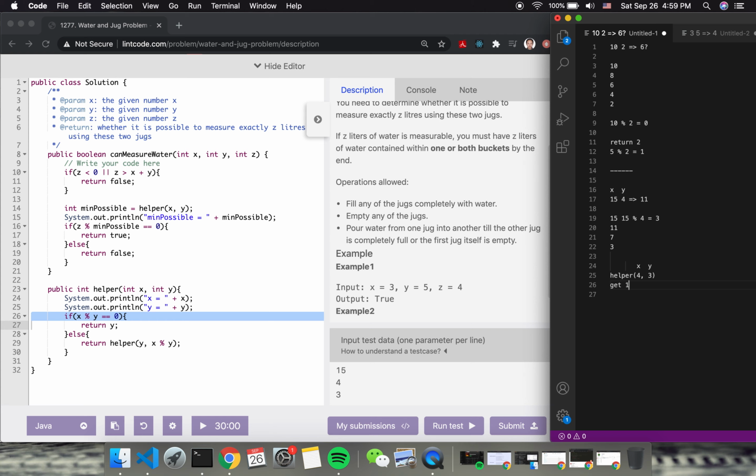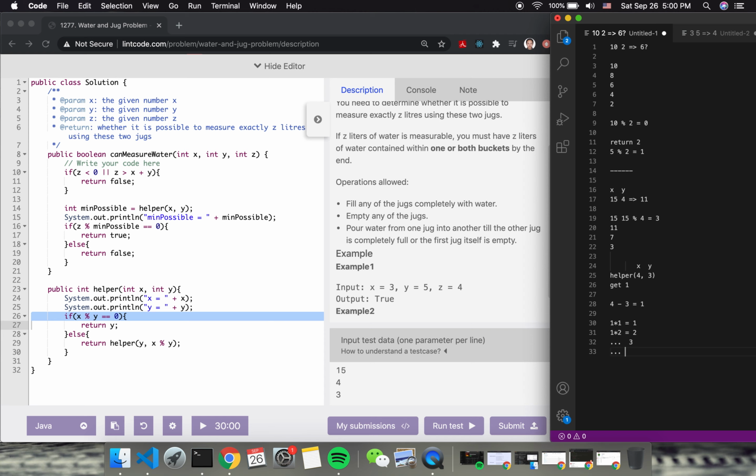Then we get 1. This means you first fill the 4 liter, and then you pour 3 liters out. Then you have 1, and after you get the 1, you can get any multiples of 1. For example, 1 plus 1, or 1 multiplied by 2.